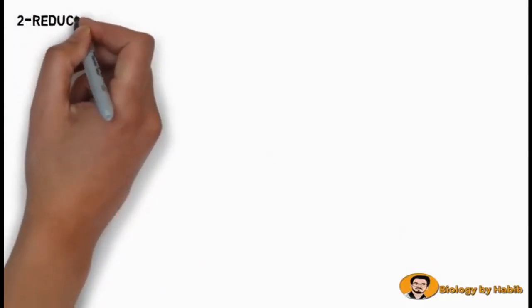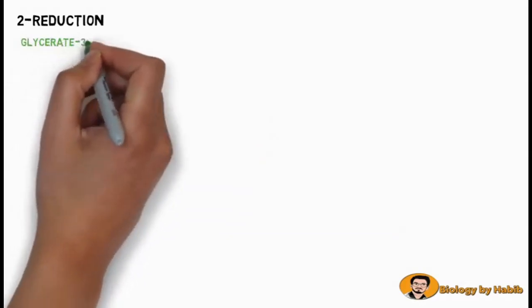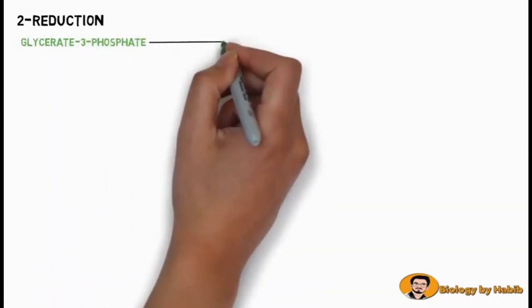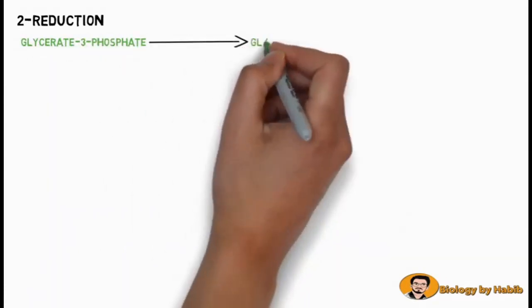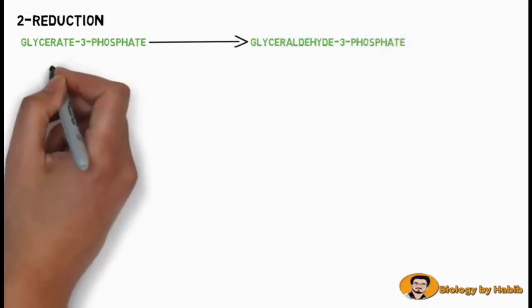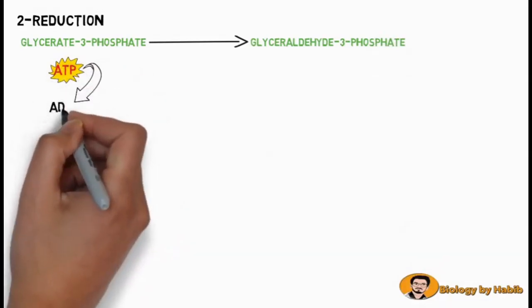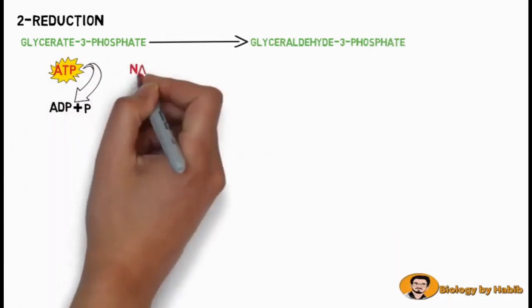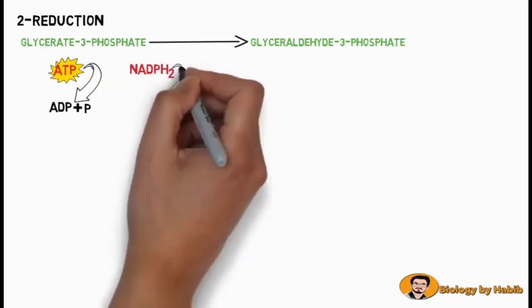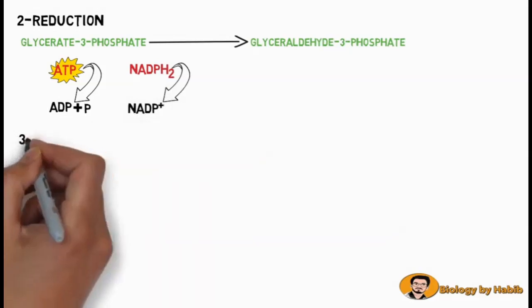The second step is called reduction. The glycerate 3-phosphate, G3P, formed in the previous reaction is converted or reduced into glyceraldehyde 3-phosphate by the consumption of ATP and NADPH2. ATP will provide phosphate and energy, while the NADPH2 will provide electron and proton for reduction.